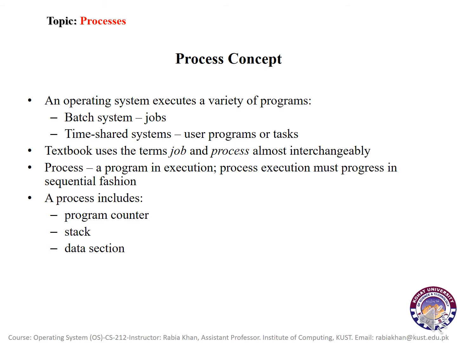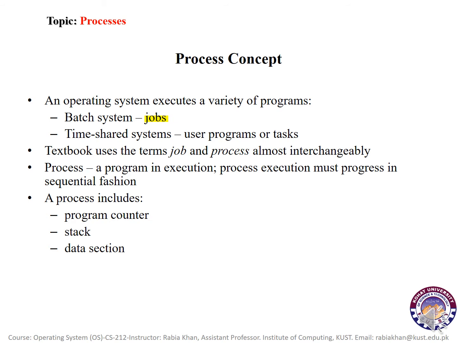Now there are two terms, job and a process. Both refer to user job, user task, user program, user application. But there is a slight difference between the two. Job mainly refers to a user task that is not currently being executed on CPU.